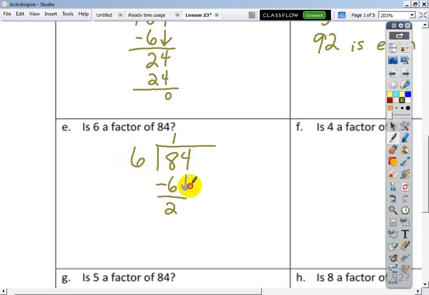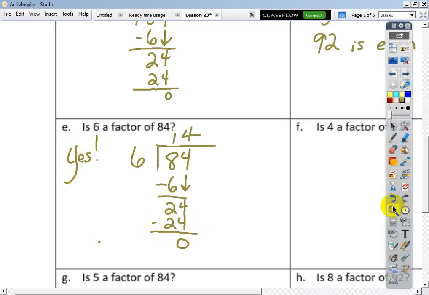Bring down my 4. Does 6 go into 24? It does. I bet you know how many times. 2 sixes is 12, 3 sixes is 18, 4 sixes is 24. No remainder. Life is good. So, yes again.